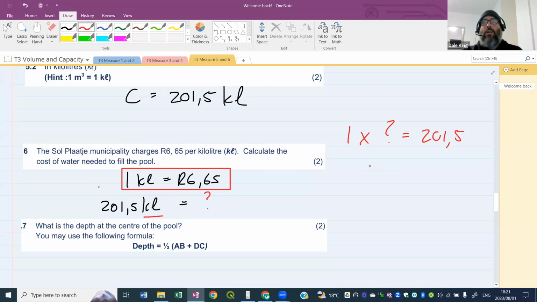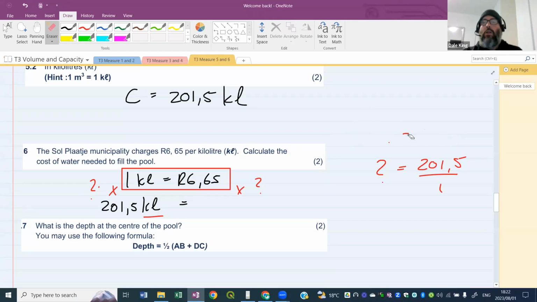So what he's saying is divide the 201.5 by the 1 to get this value. And then use that to times your 6.65 Rand by. So you're going to times 6.65 Rand by this number because you're timesing the 1 by this number to get 201.5. Absolutely. I often use this as well when there's a relationship between two numbers.